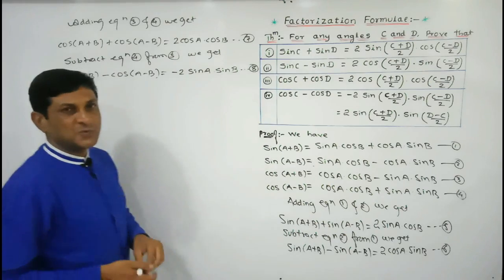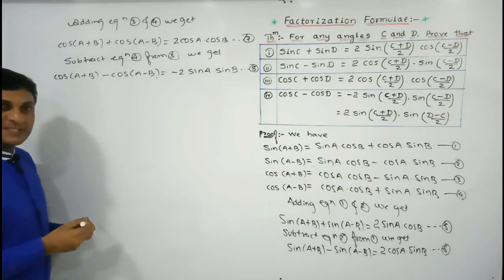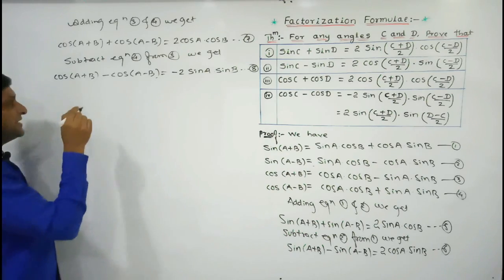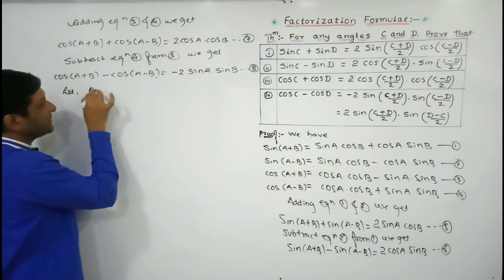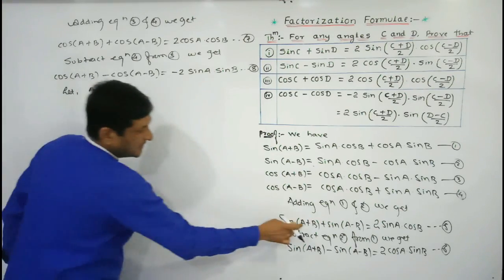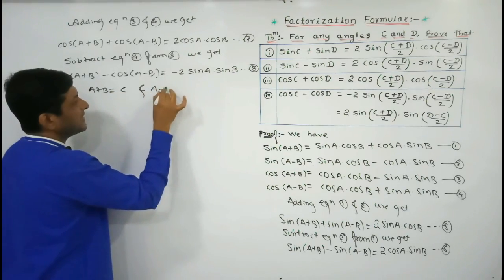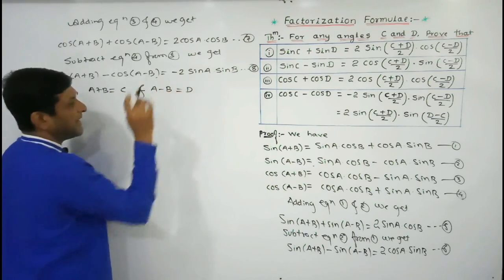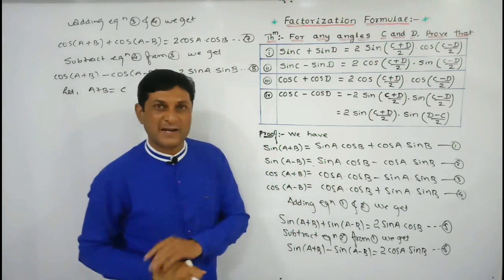So let us see what we will get if we denote A plus B by C and A minus B by D. Let A plus B equal C, and A minus B equal D. Once these two values are known to us, now focus on our right hand side.